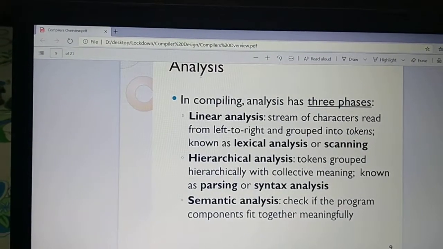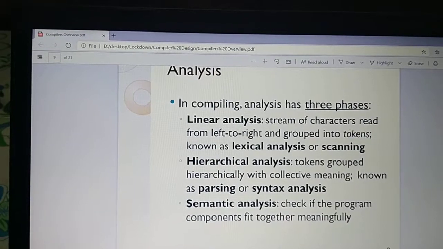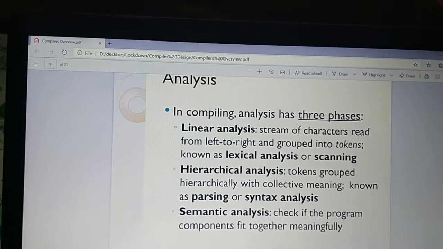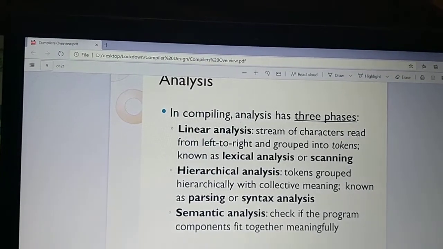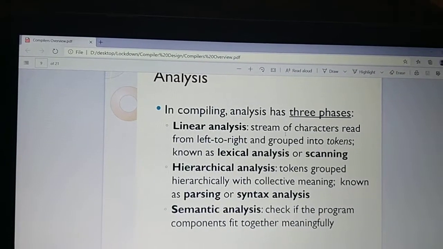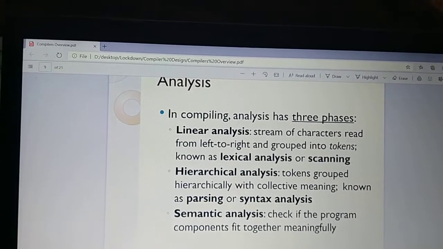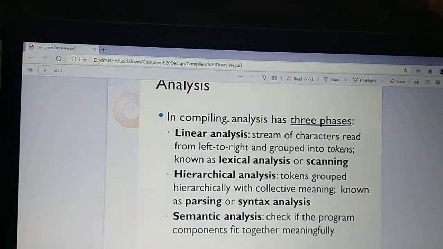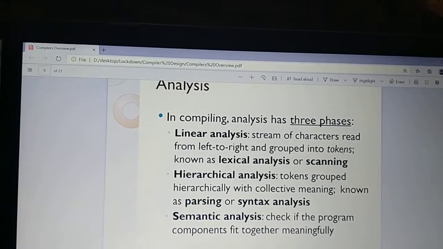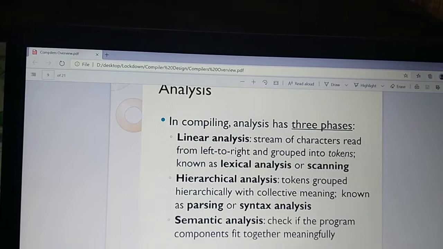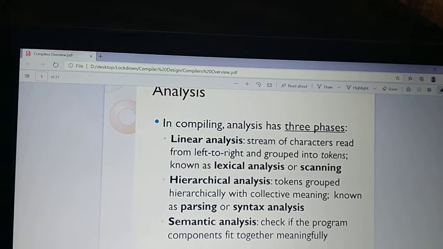The analysis phase consists of the first three phases, as I have already mentioned. The first phase of analysis is the linear analysis. Here, the stream of characters is read from left to right and grouped into tokens. Each token is identified in this phase. It is also known as lexical analysis or scanning.